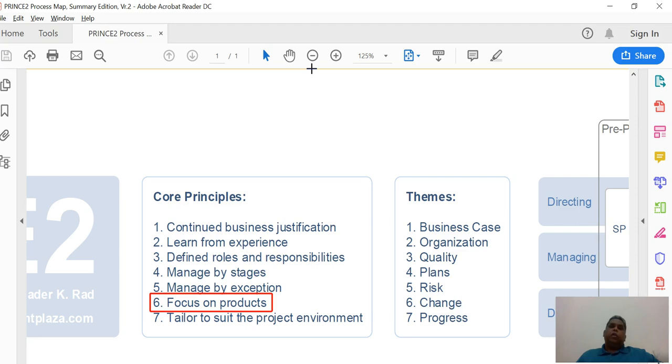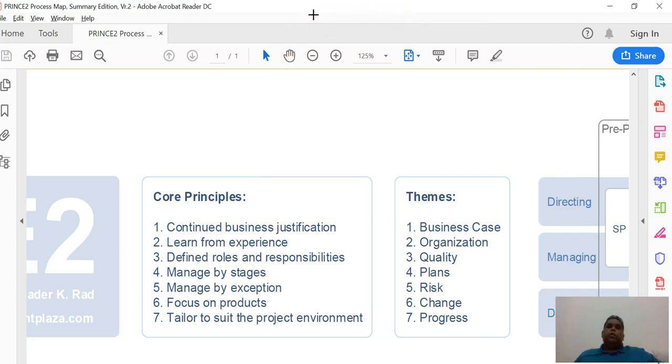The focus should be on deliverables. The focus should be on meeting the requirements of the customer in terms of taking care that the products do contain the requirements that customers have requested. And towards that end, PRINCE2 has a very strong quality approach towards managing the quality of the products that are being delivered.